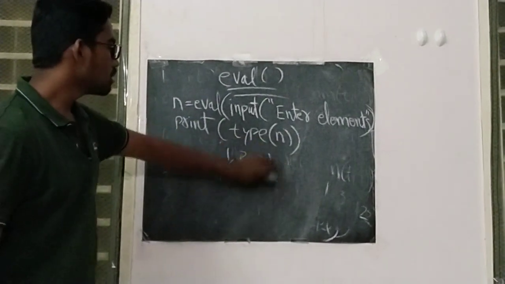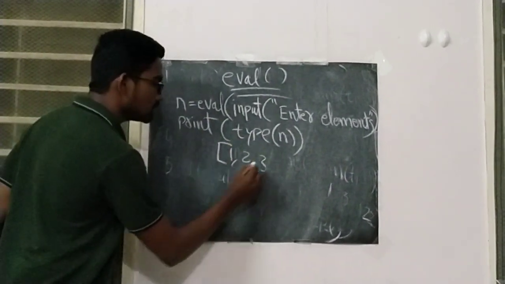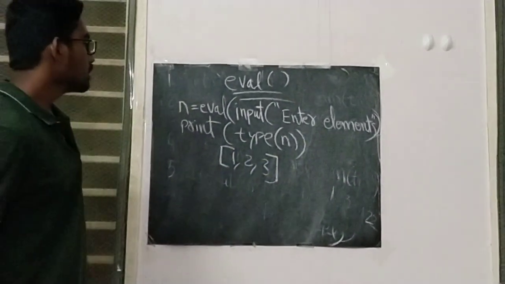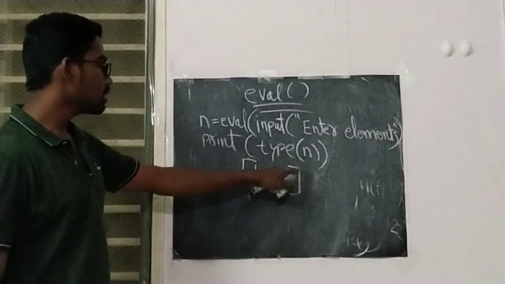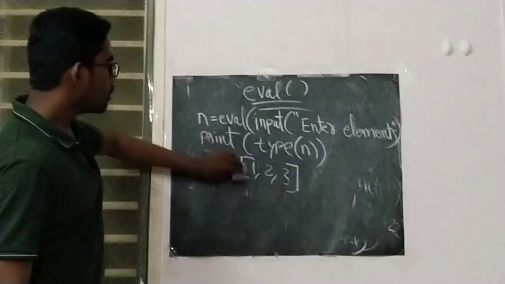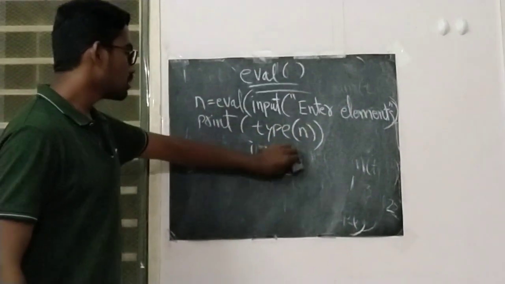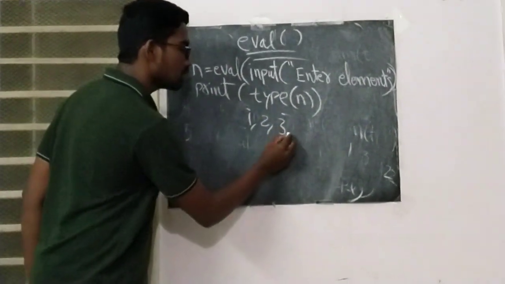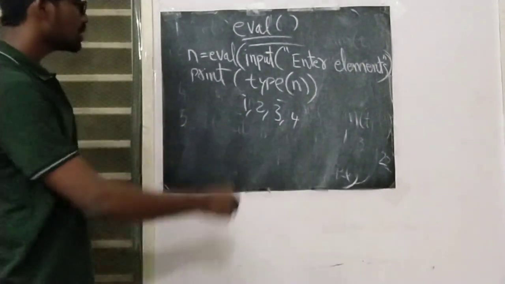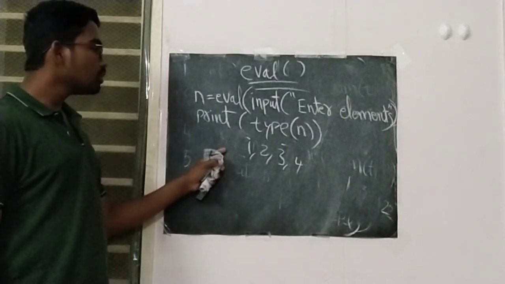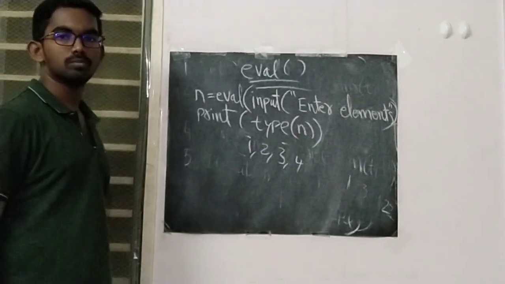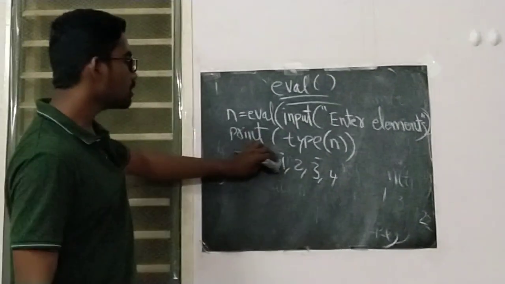If you enter the elements within square brackets, then the type of n is list because it indicates a list data type. By default, if you enter the elements 1, 2, 3, 4 without any parentheses or brackets, the default type of n will be tuple. So this is also an example for tuple.